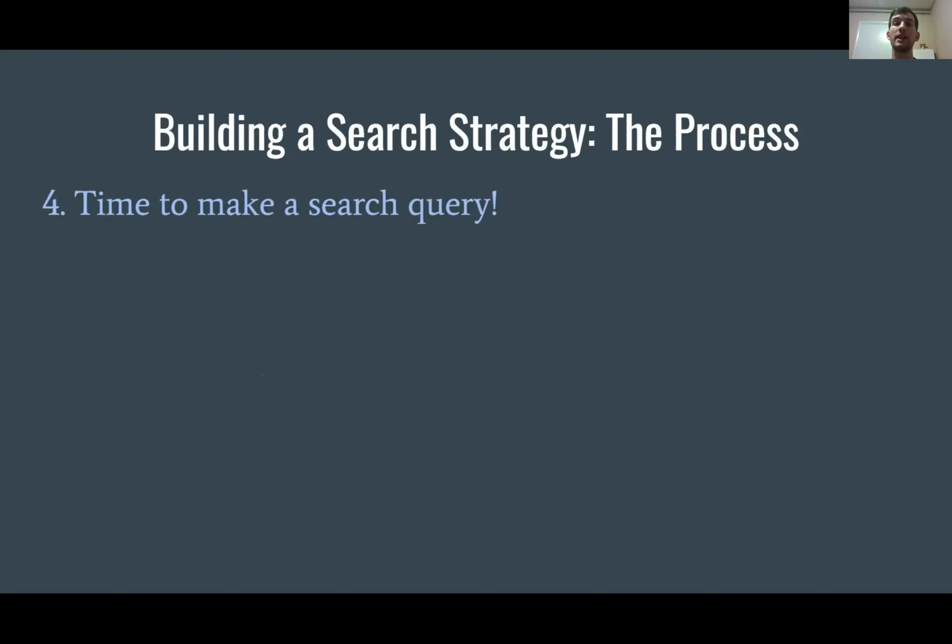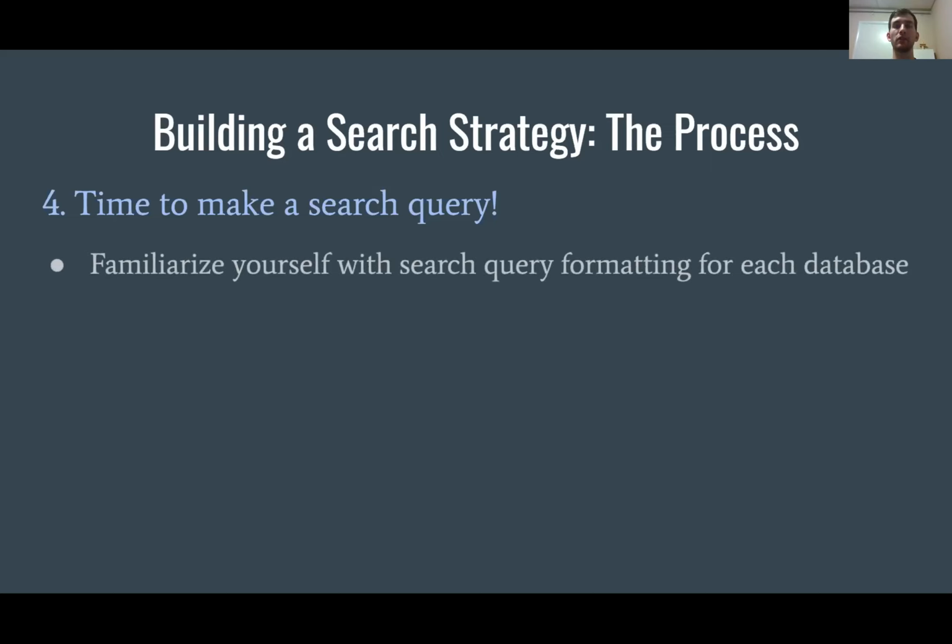And for step 4, now it's time to make our search query. This is where things have a little bit of a learning curve. When it comes to actually typing your search into PubMed, they have an advanced search feature, and there are a lot of different functions on it that you're going to want to familiarize yourself with, to make sure that you are not missing any of the important literature you're trying to find.